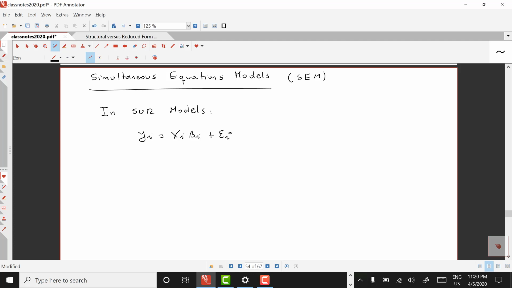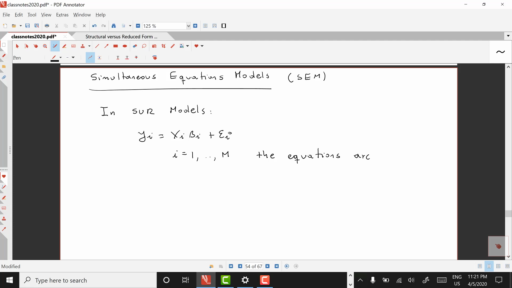Each of these equations represents one of the equations in the system of equations. So we talk about m equations, and it's called seemingly unrelated regression because the equations are related through the disturbances. That was the key idea behind these models.